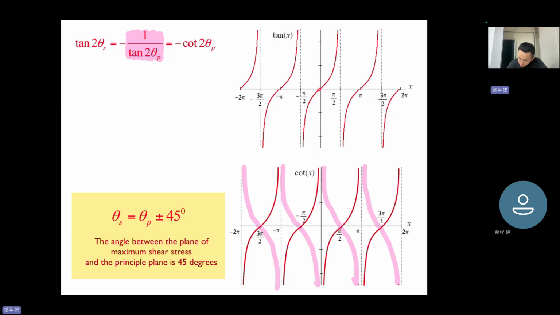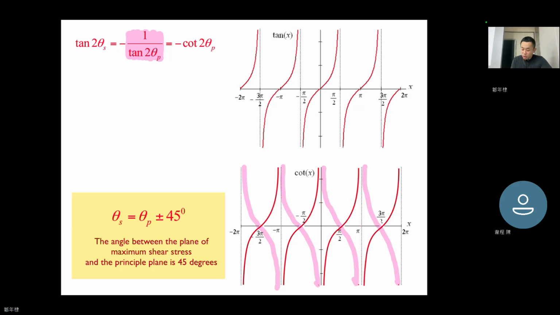And here, this is positive infinity, and 1 over positive infinity becomes 0. So this point becomes here. And in the middle, it will be reversed, right? Down. So here will become 0, and then you can get this. So you can see this pink line is actually the inversion of tangent x, okay?